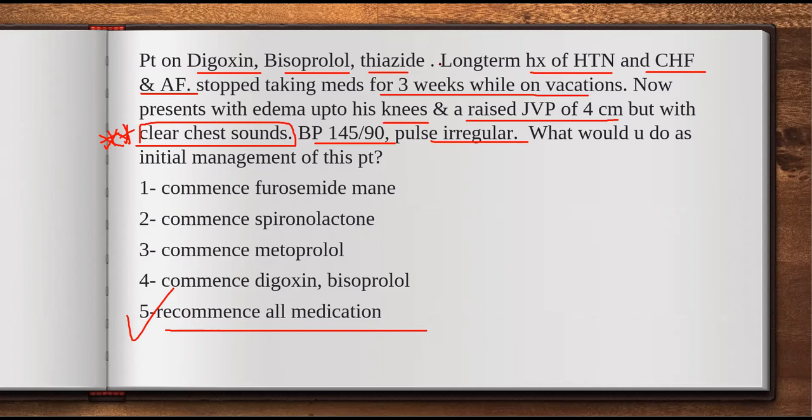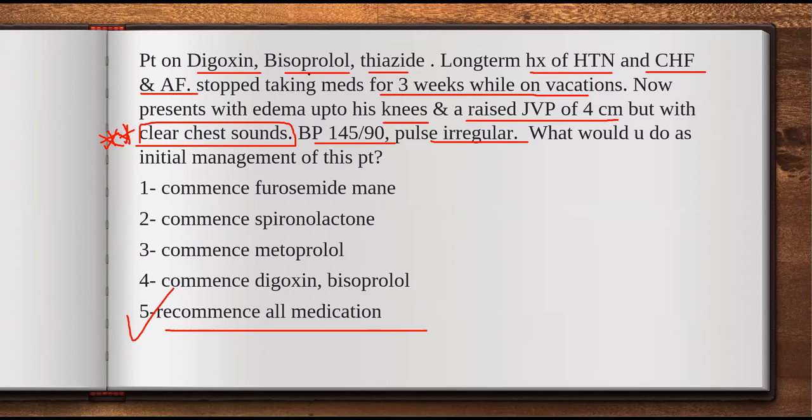What if this patient had bibasal creps? If it was bibasal creps, then you would start the patient with furosemide. And don't think that this patient will need anything else at this time, as the patient is already on bisoprolol. What is bisoprolol?